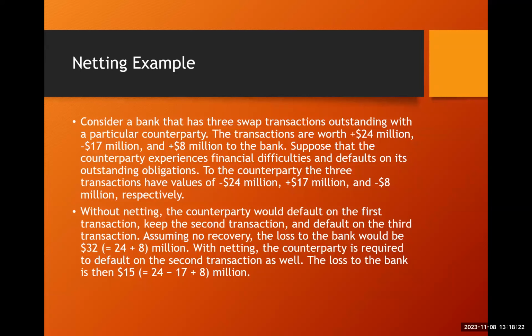And so it makes a difference: the netting agreement means that the loss is 15 million, while without the netting agreement, the counterparty would lose 32 million. This has the effect of reducing credit risk. It reduces the principal that someone can default on. Question back there.